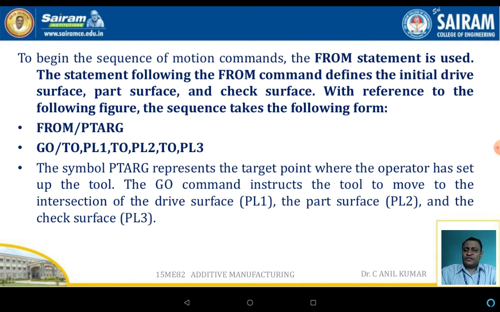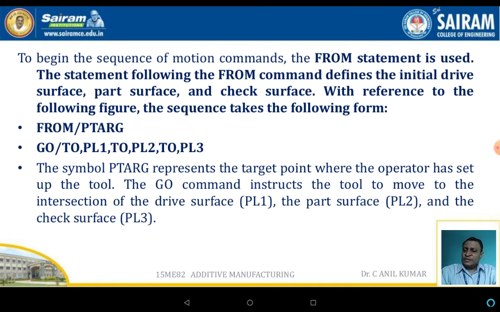To begin the sequence of the motion command, the from statement is used. The statement following the from command defines the initial drive surface, part surface, and check surface. With reference to the following figure, the sequence takes place in the following form: from PTARG, go to PL1 to PL2 to PL3.